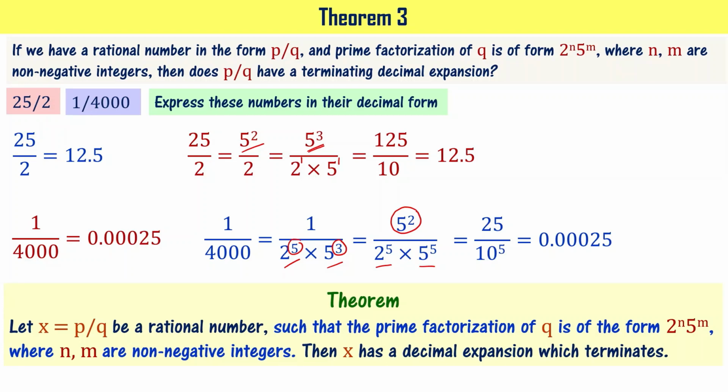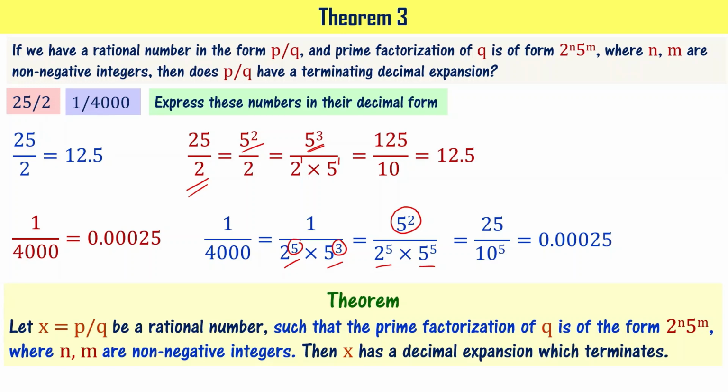If you observe these, what you can say is, let x equal to p by q be a rational number, such that the prime factorization of q is in the form of 2 power n 5 power m, where n and m are non-negative integers. Then x has a decimal expansion which terminates. For example, I have written 25 by 2, that is p by q, in the form of 5 cube divided by 2 power 1 and 5 power 1.